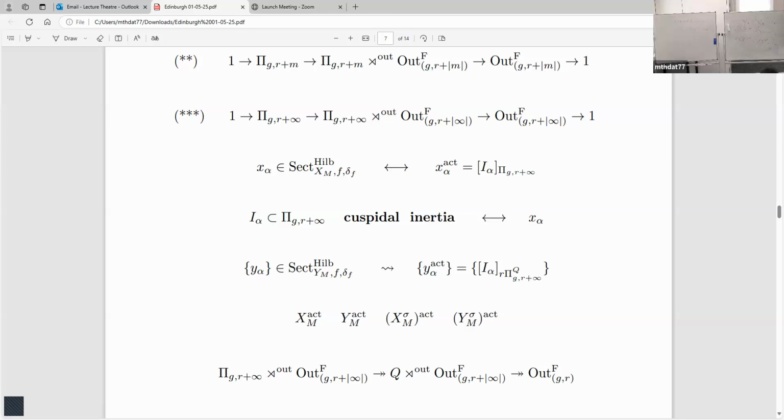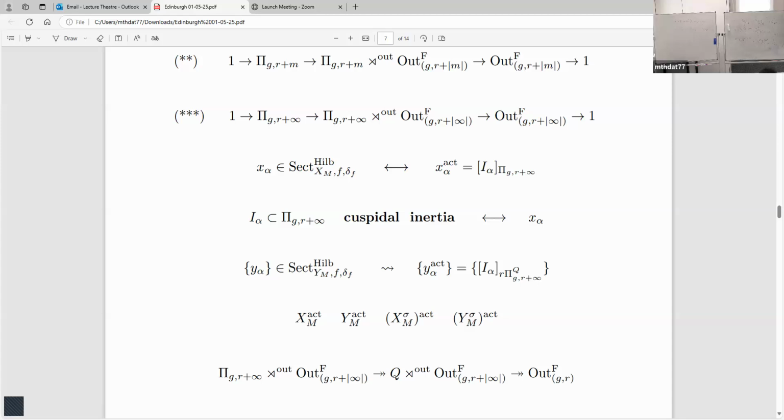And we define the active version of such a point x alpha as the conjugacy class of such corresponding cuspidal inertia subgroup, conjugacy class by this full pi gr plus infinity.